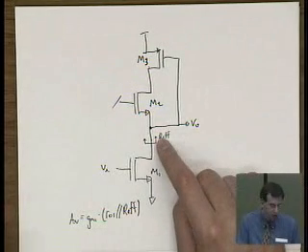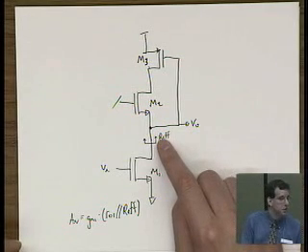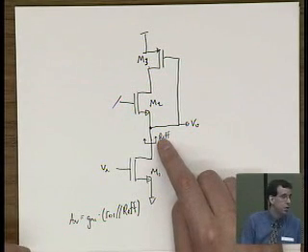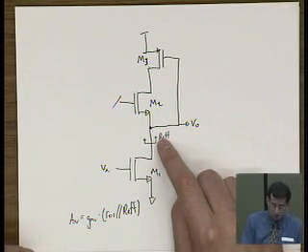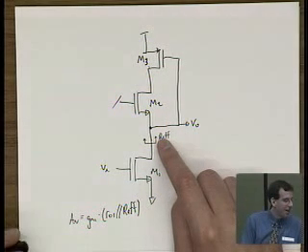Now, figuring out what R effective is not intuitively obvious, or at least not intuitively obvious to me. Yes? Is it okay to just assume that M3 is in saturation and then pretend that it's connected on the top of M2 instead of underneath M2 and then just treat M3 as a resistor? Or is that assuming too much?